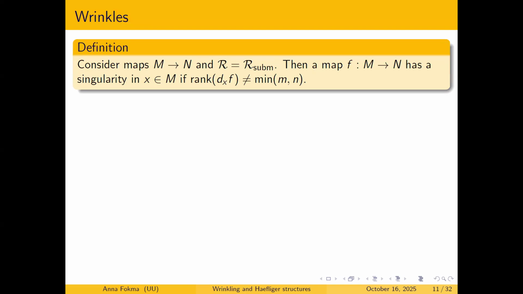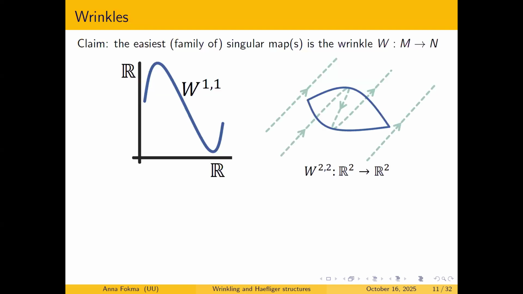So a map is singular in a point X if its rank is not maximal there. And then the claim is, I'll wave my hands here a little bit, that the easiest singular map is the wrinkle, and in fact, it exists for all combinations of dimensions. So it is actually a family of singular maps.